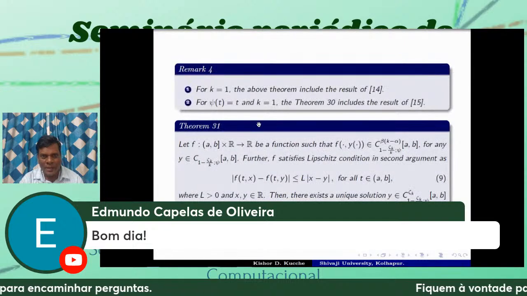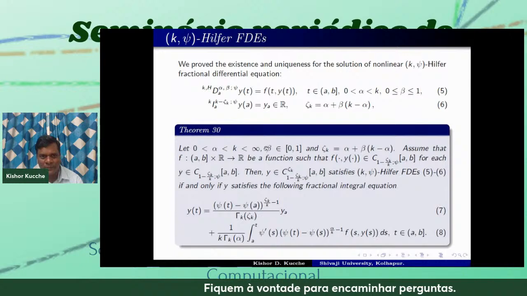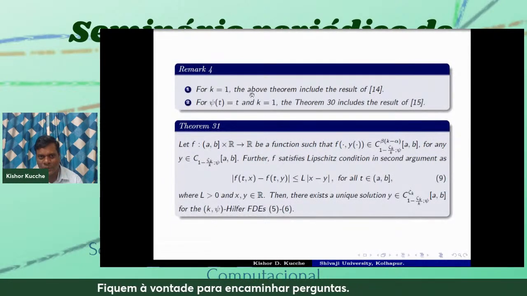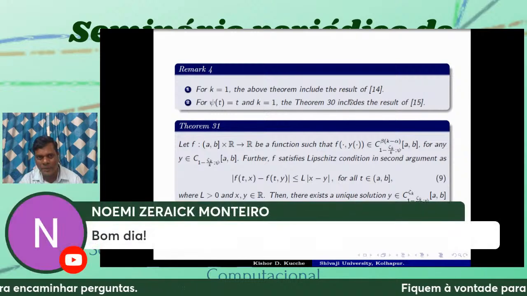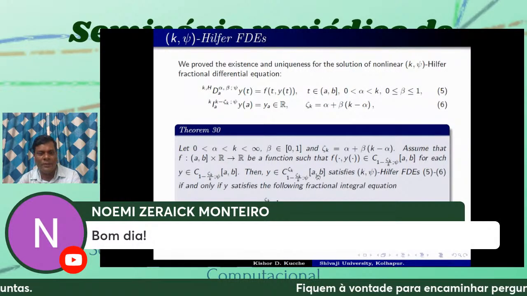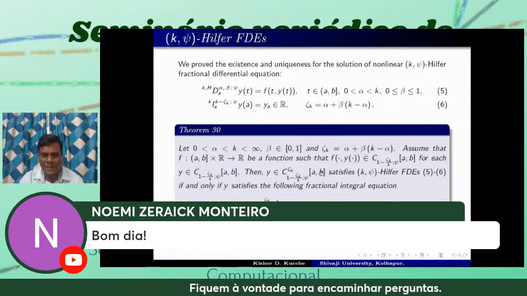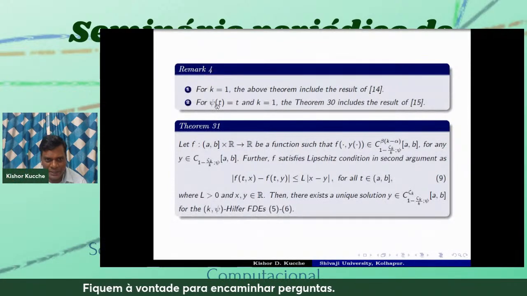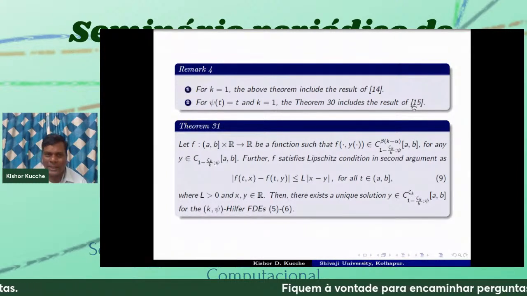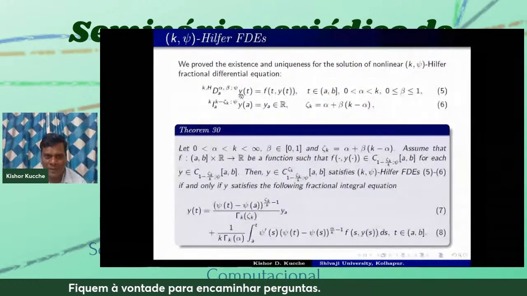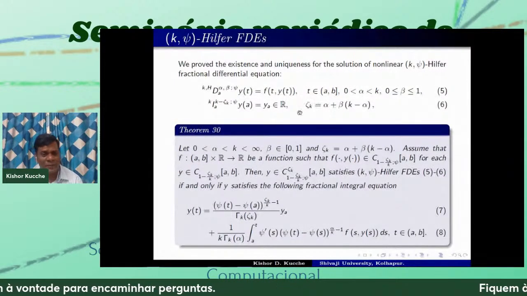When we put here k equal to 1, this result is converted into the result given by Sousa and Oliveira. And when we take psi t and k equal to 1, this result includes the result related to the equivalent fractional integral equation of a nonlinear fractional differential equation.